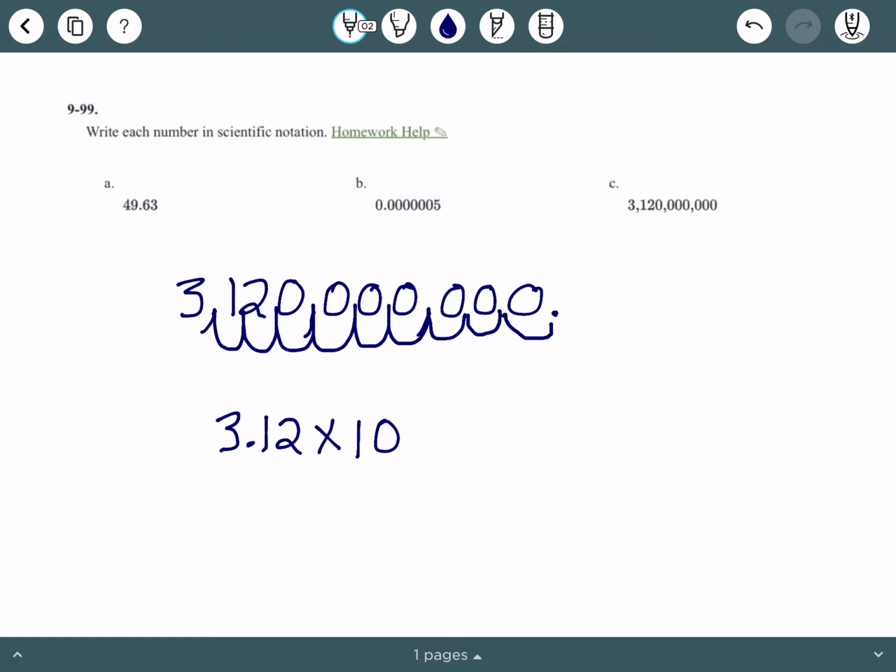Well, in this case, we went to the left, so it's going to be a positive exponent. If you can't remember that left is a positive exponent, you can think of the really large numbers as positive. We went 9 places to the left. So we would have 3.12 times 10 to the 9th. All right, that is our answer for C, and that's all for 999.